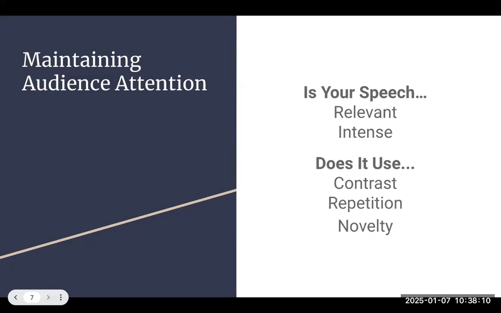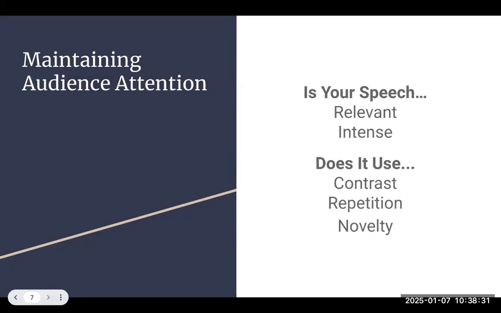It'll keep their attention. Does your speech use contrast? Does it use repetition? Does it use novelty? Contrast is changing your tone of voice.